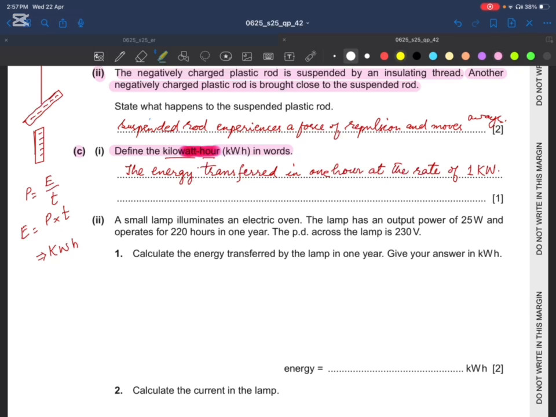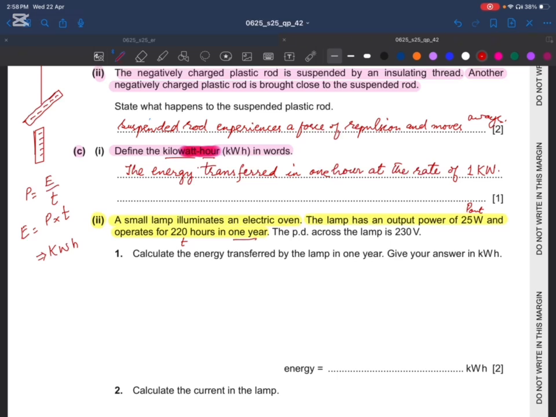Then you have part 2. A small lamp illuminates an electric oven. The lamp has an output power of 25 watt, so you can write here power out, and operates for 220 hours. So this is the time in 1 year.